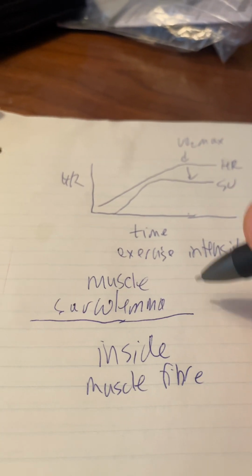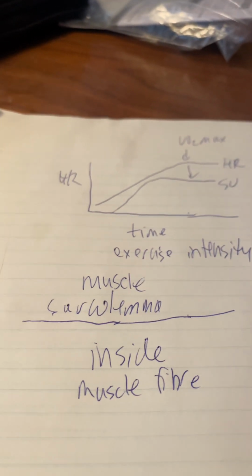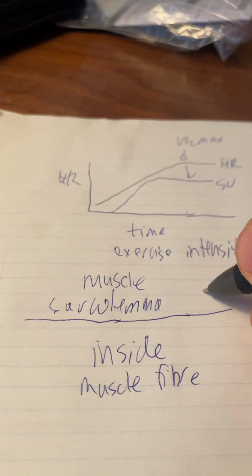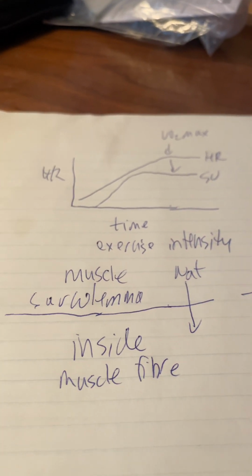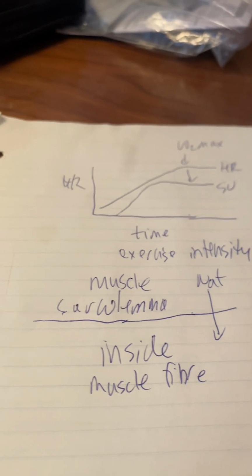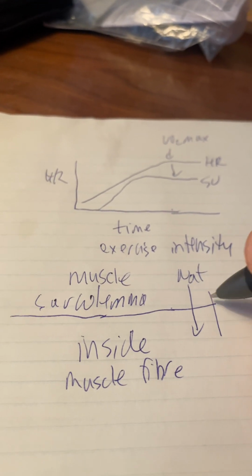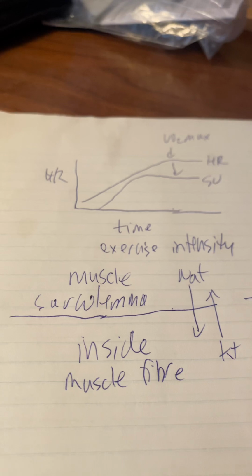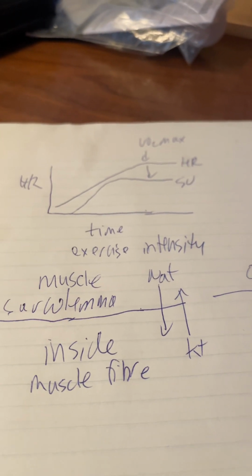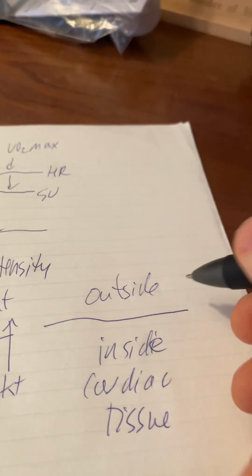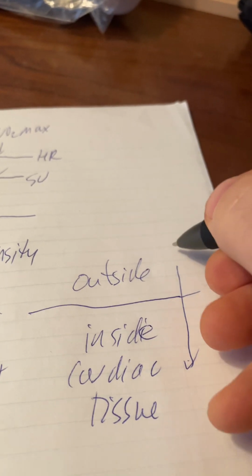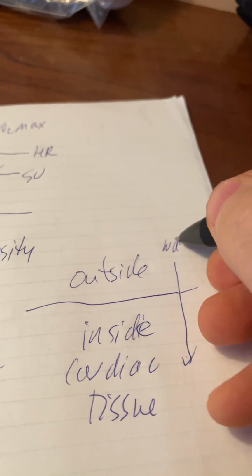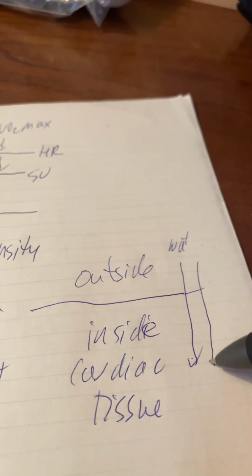For both cardiac tissue and muscle, during contraction, first you have sodium that comes in, and that causes depolarization. And then you have potassium that leaves, and that's called repolarization. The difference with cardiac tissue is you not only have sodium that comes in, but you also have calcium that comes in as well.